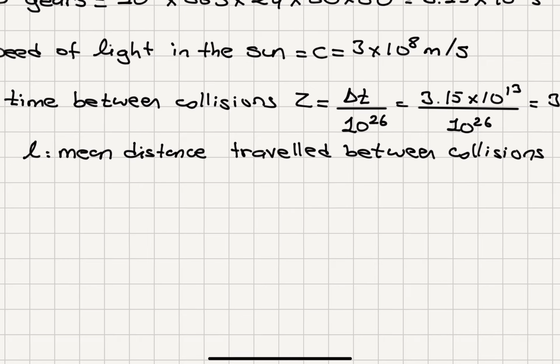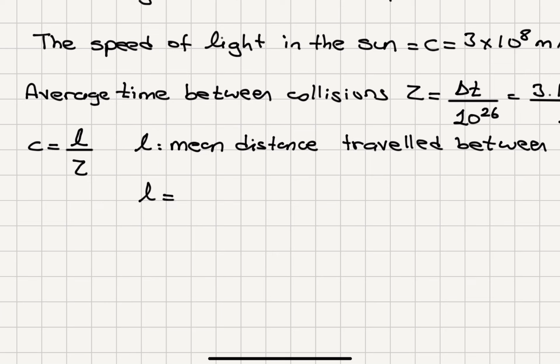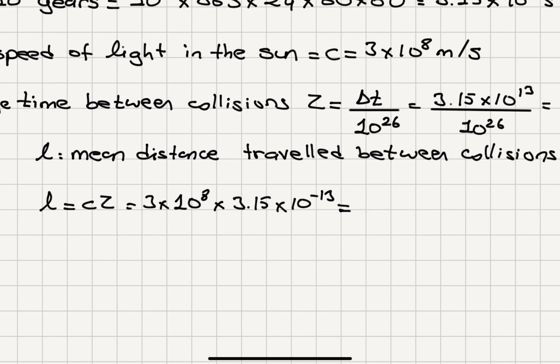Okay, so this distance is the speed of light times tau, which means it is 3 times 10^8 meters per second times the mean free time, 3.15 times 10^-13 seconds. That gives us 9.4 times 10^-5 meters. So that's our viewing distance inside the sun, 9.4 times 10^-5 meters.